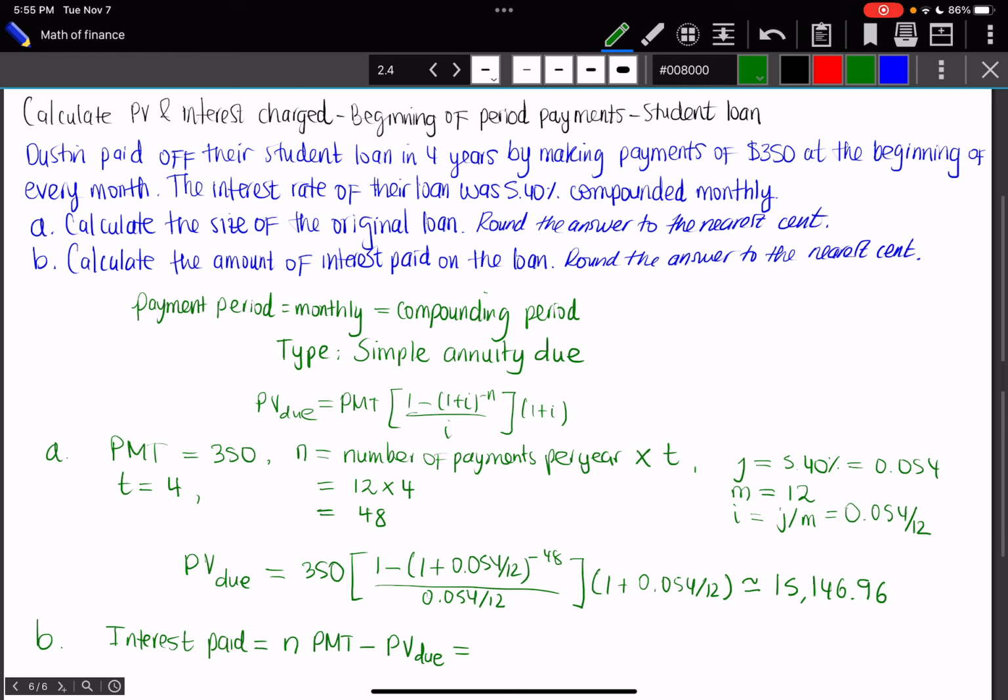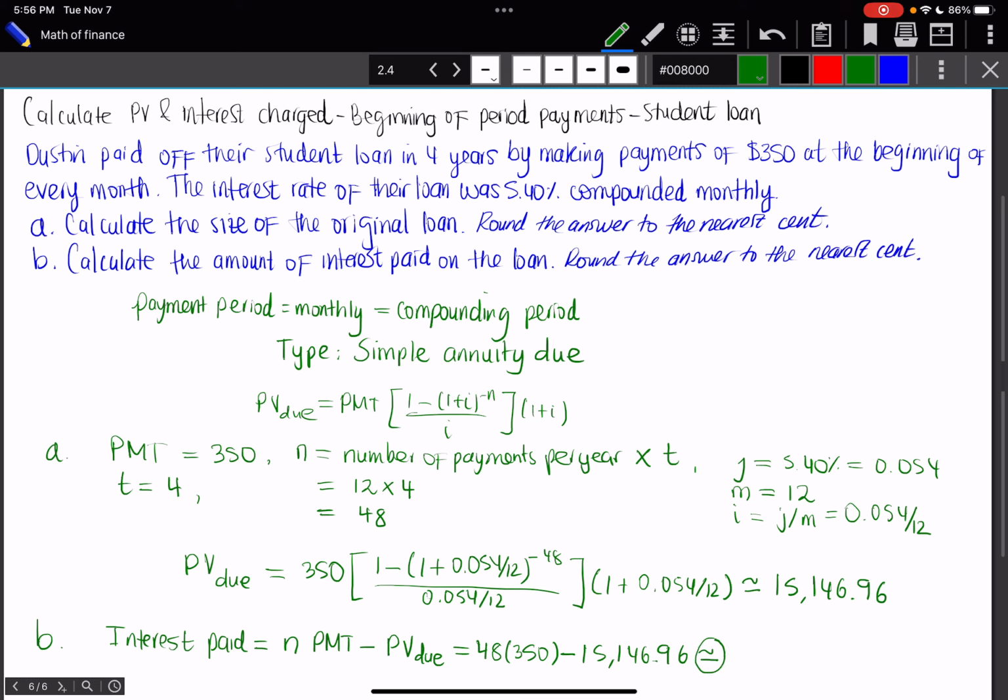So we're doing 48 times PMT, and PMT is 350. Take away $15,146.96. And when we do that subtraction and round it off to 2 decimal places, we get the number.